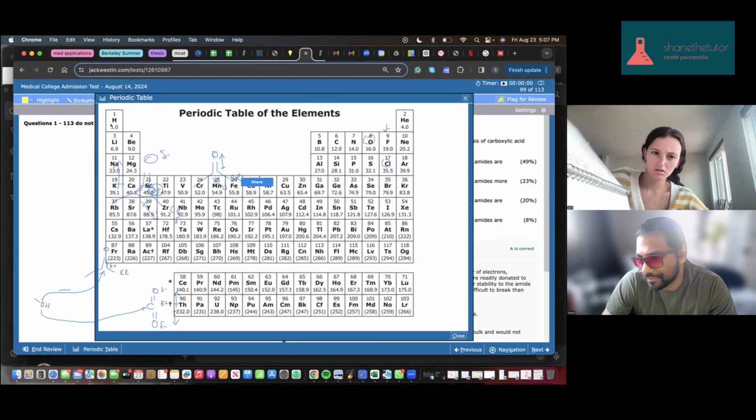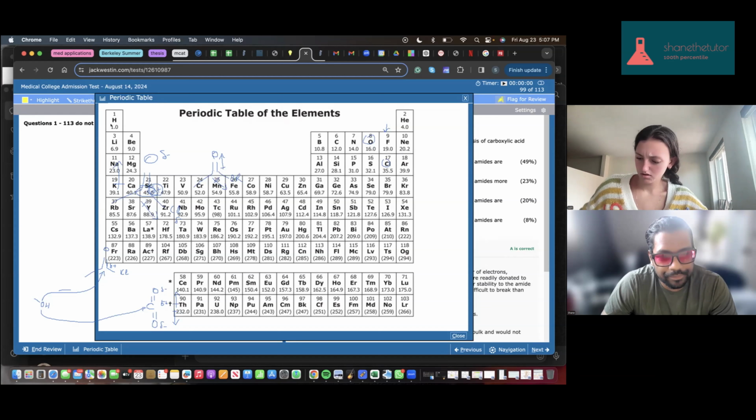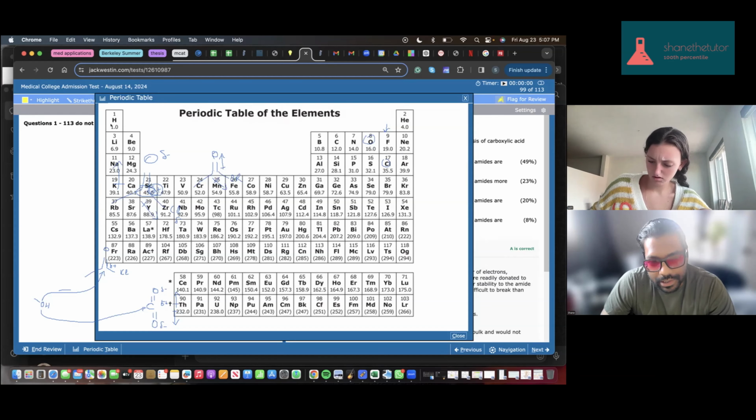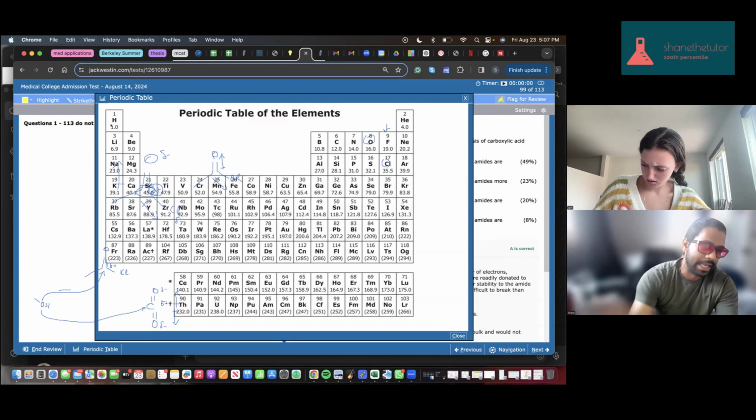The R group is going to be some more carbon-hydrogen bonds, so we can take electron density from that also.